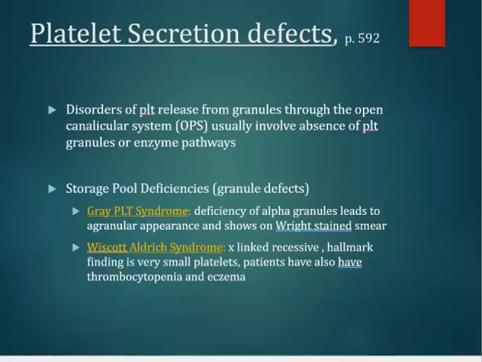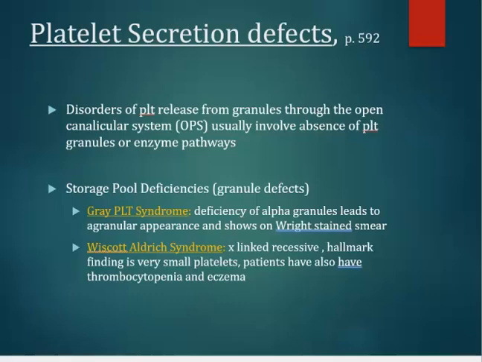Now we're going to talk about platelet secretion defects. These are disorders of platelets that release from granules through the open canalicular system, or OCS. They usually involve the absence of platelet granules or enzyme pathways. So the OCS or canalicular system is basically just a network of channels that are throughout the platelet.